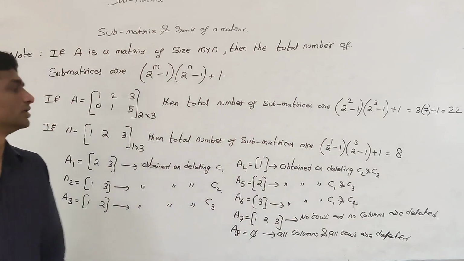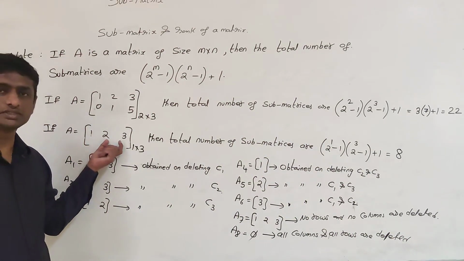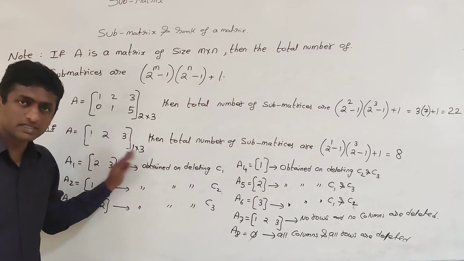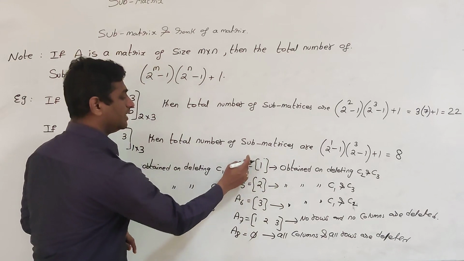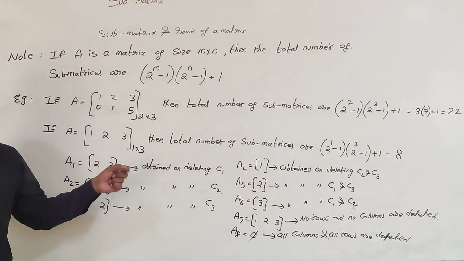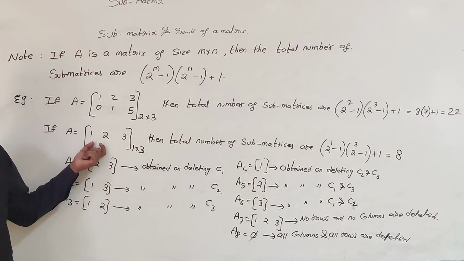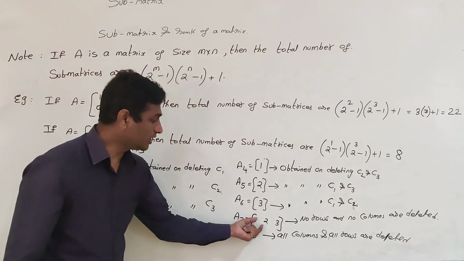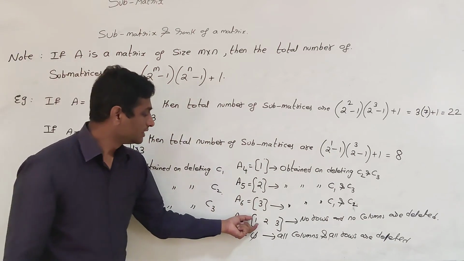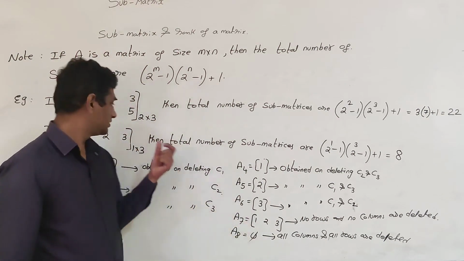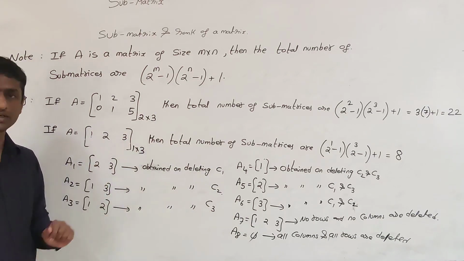So these are the 8 submatrices of the given matrix A. Now from this example, if you observe 1, 2, 3 individual elements, each element of order 1 is a submatrix, and 1 2 3 means a matrix A itself is a submatrix.